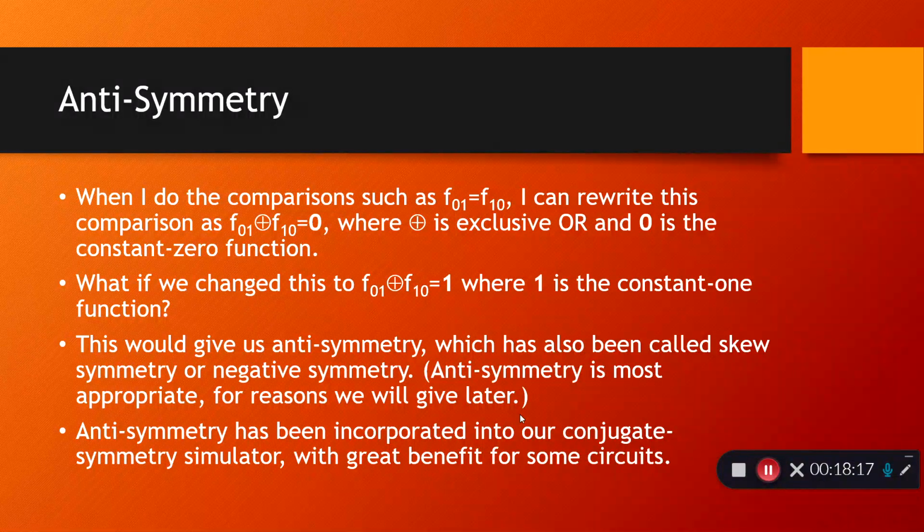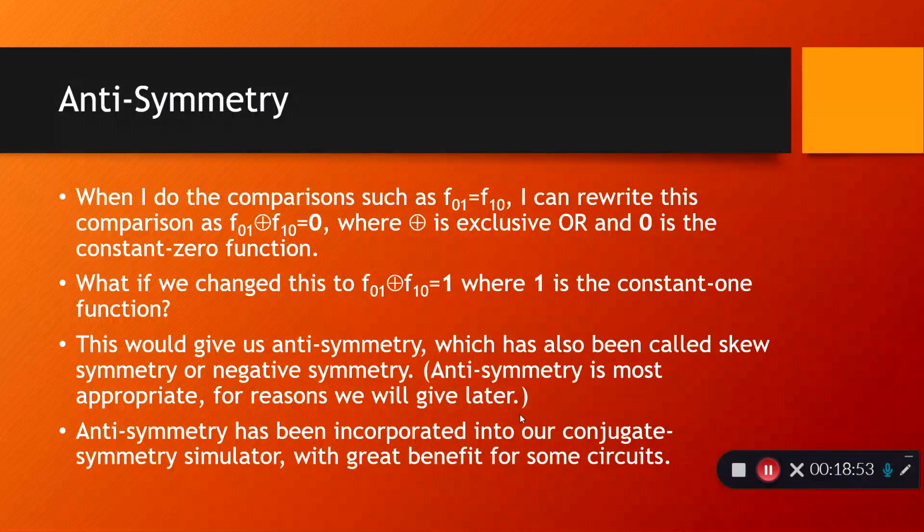Anti-symmetry. This is very interesting. When I do comparisons, such as comparing F sub 01 to F sub 10, looking for ordinary symmetry, I could rewrite this comparison as the exclusive OR of the two cofactors, 0, 1 and 1, 0. And if they're equal, the exclusive OR has to be equal to the constant 0 function.